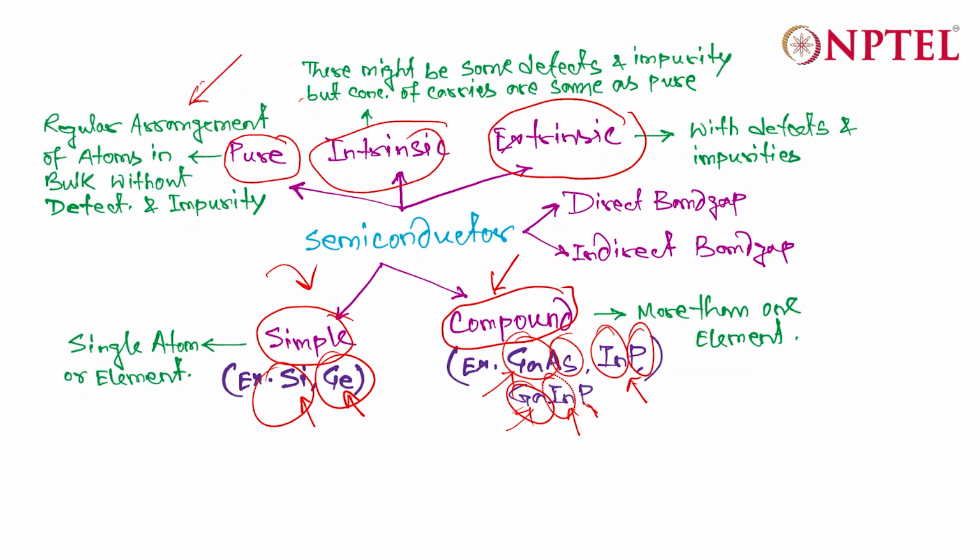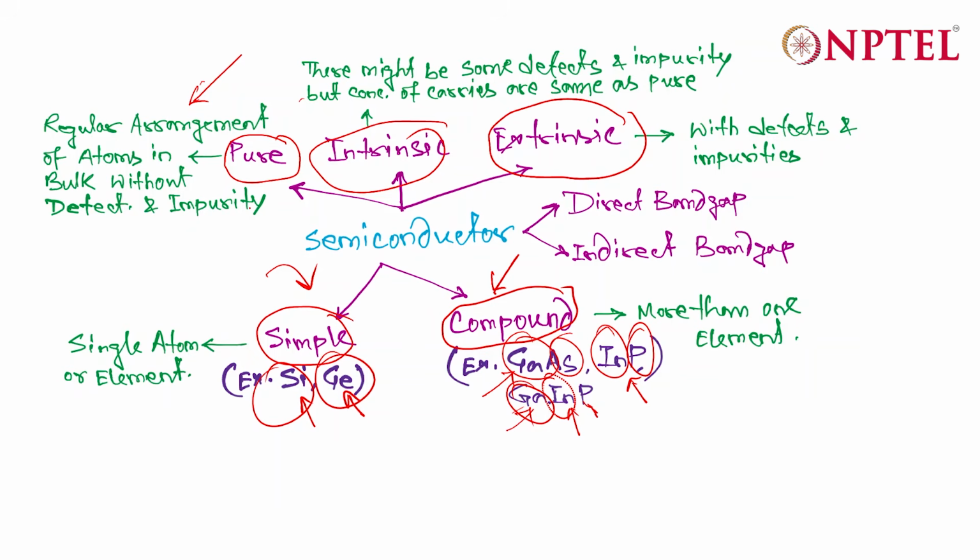So pure semiconductors are materials wherein atoms are arranged in a regular way and there are no defects and impurities. A 100% pure material is very difficult to get. You probably won't find 100% pure material in any case.